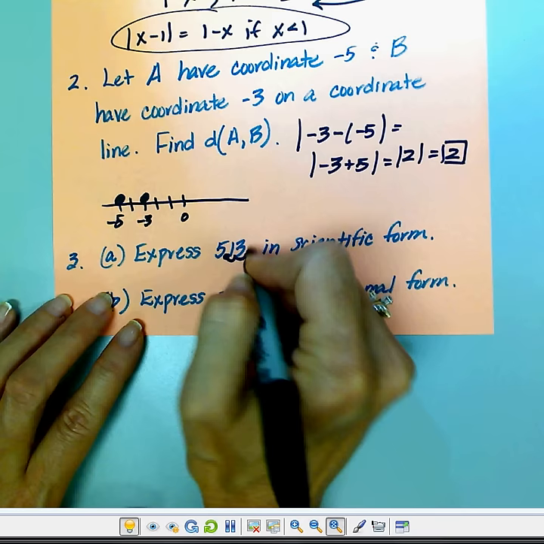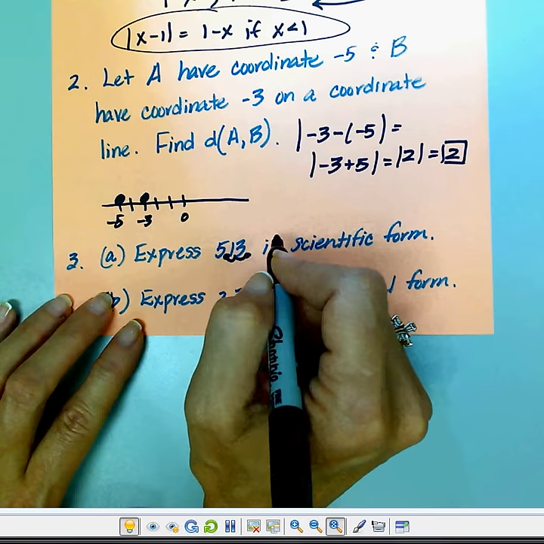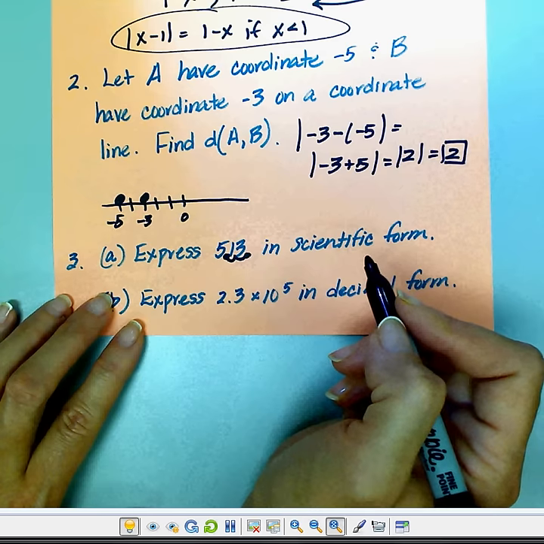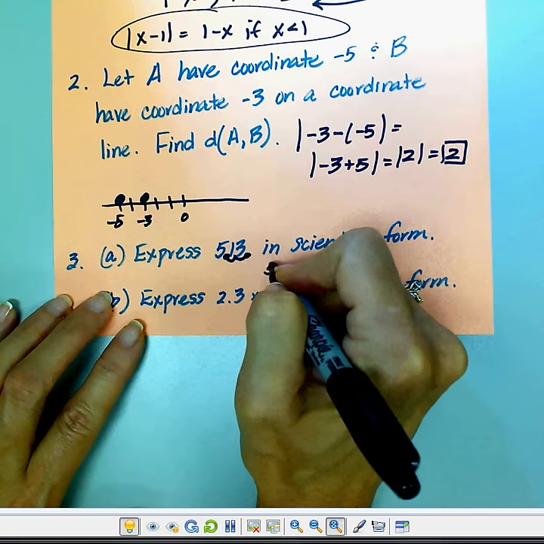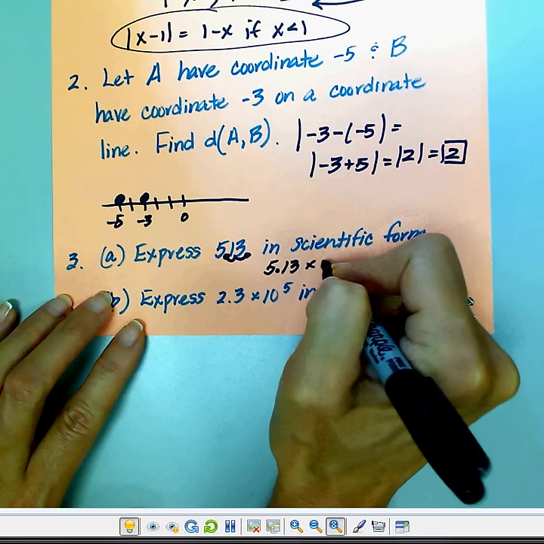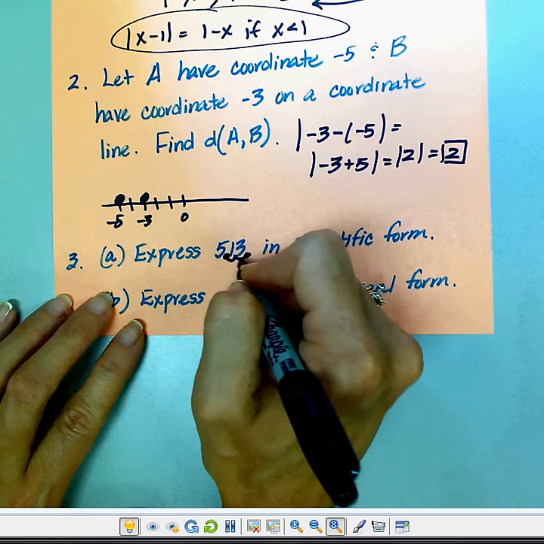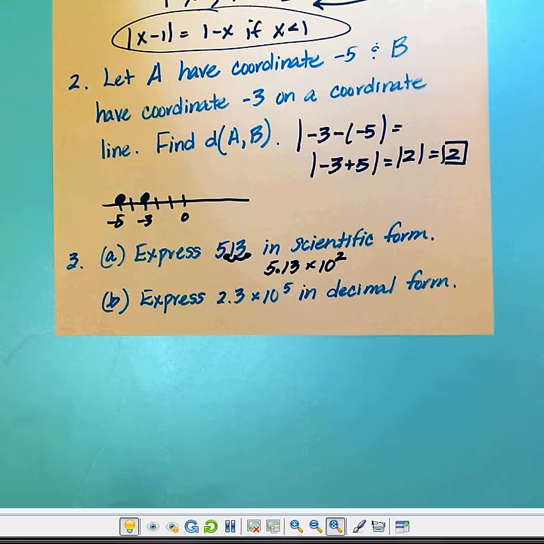So if my original number is greater than 1 to begin with, I know my exponent is going to be positive. If my original number to begin with is less than 1, I know that my exponent is going to be negative. So I can rewrite that number 513 as 5.13 times 10 to the positive, because my original number was greater than 1, and I moved it 2 decimal places. So I can rewrite that in scientific form as 5.13 times 10 to the second.